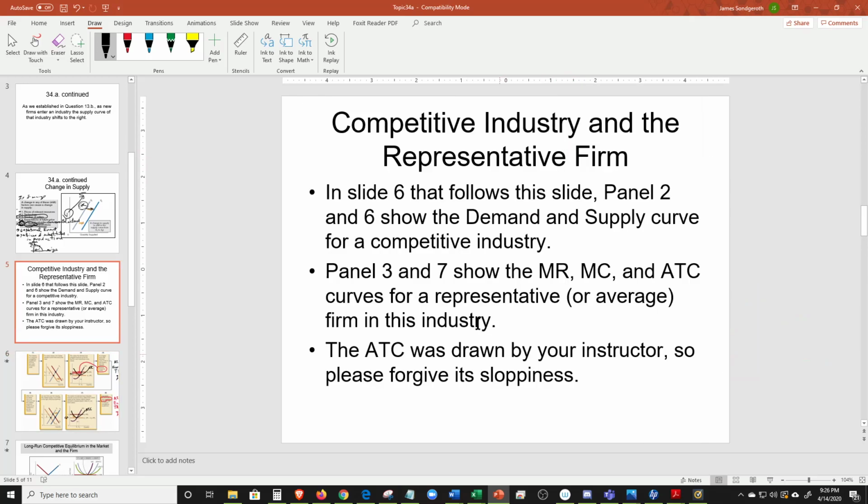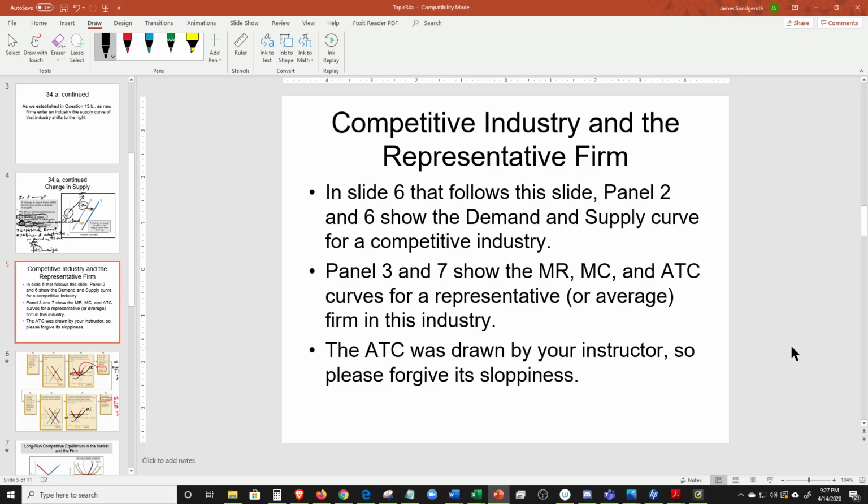So we go back up. So panels 3 and 7, so marginal revenue, marginal cost, and average total cost curves for a representative or average firm in this industry. And then I put in here something so true. The textbook didn't have the average total cost curve drawn in here, so I did it by hand using a pad, which I'm still not that expert at using.